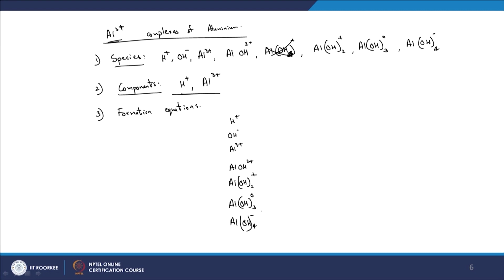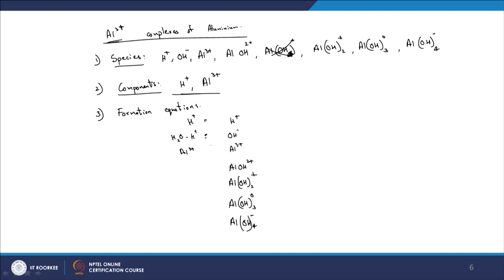Now I need to form these species from my 4 components. So one H+ is H+, and H2O minus H+ is OH-. H2O is always a component.